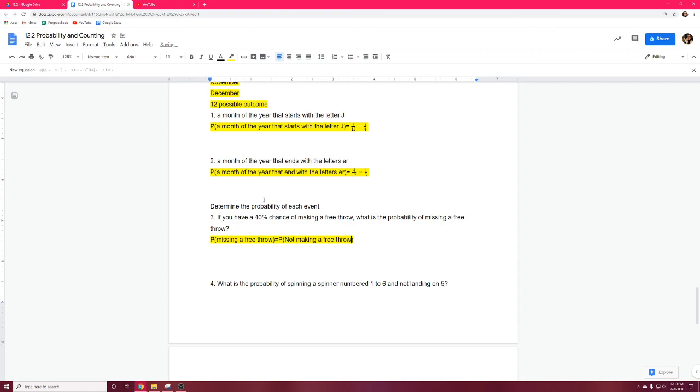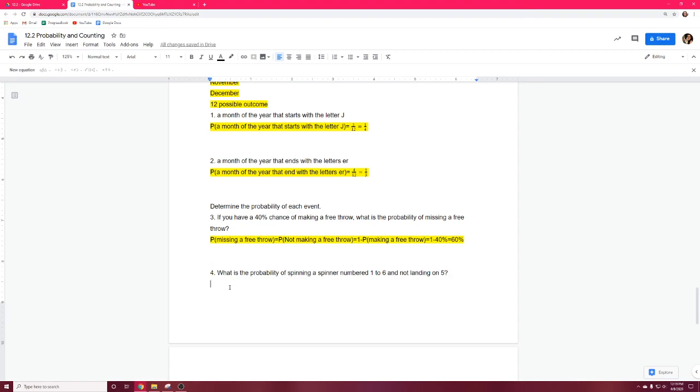Since it's a complement event, we use 1 minus the probability of the complement, making a free throw. Which is 1 minus 40%, which is 60%. Okay, so this question is about complement events.